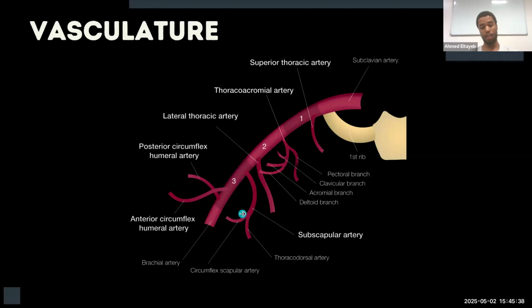And the subscapular artery is very important for the anastomosis I'll explain in a bit. And coming from the subscapular artery, we have the thoracodorsal artery, which is intimate with the thoracodorsal nerve, which innervates the latissimus dorsi. And we have the circumflex scapular artery, which contributes to the anastomosis of the scapula. And the continuation of the axillary artery is the brachial artery.